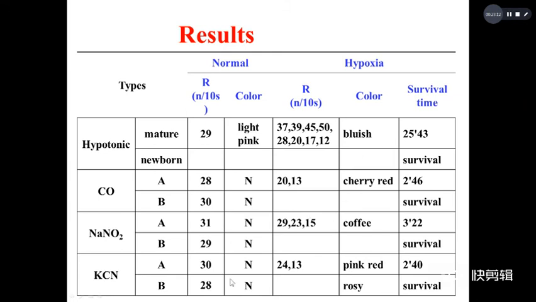Now results. Now potassium cyanide, mouse A and mouse B, normal respiration and normal color. Now after hypoxia, mouse A respiration 24/13 and even stops.